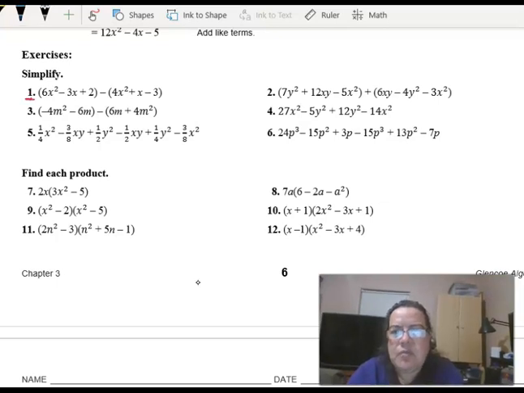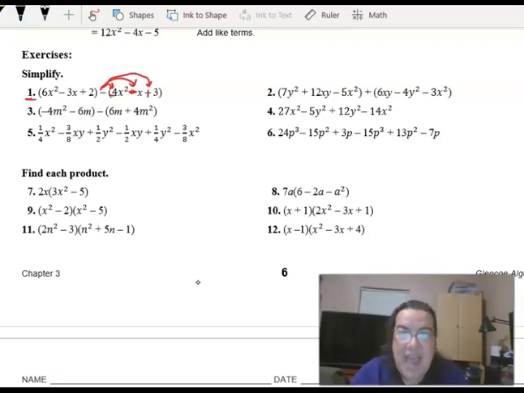So let's do question number 1 because I do see a subtraction. So you're supposed to take all of these terms and subtract all of these terms, but you got to be careful because watch, if I give this negative to the positive, it becomes a negative. If I give this negative to here, it becomes a negative, but check it out. If I distribute this negative to this negative, it actually turns into, I'm going to add.